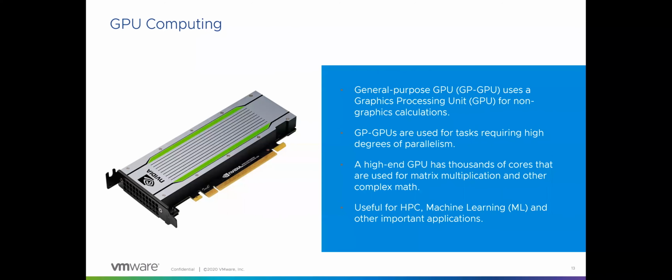Think about high performance computing platforms, right? Machine learning workloads, artificial intelligence, basically all the workloads that are using matrix multiplications and other math, right? Because what a GPU does for us is it'll give us a high degree of parallelism, and we'll dig a little bit deeper into what that actually means.